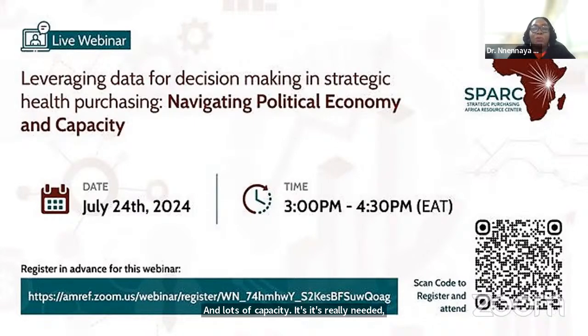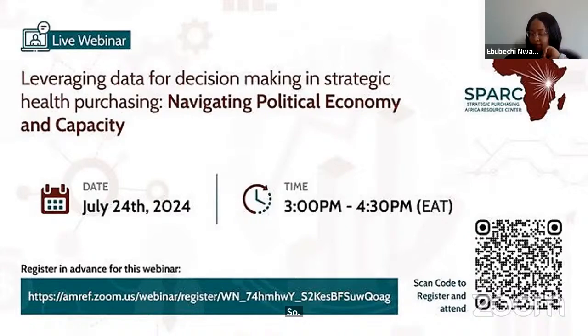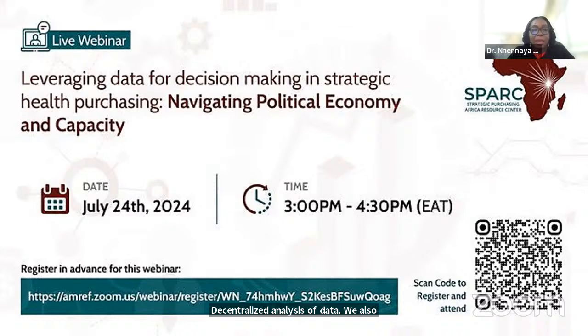And what you often find is that there's no feedback to those levels. All they are told to do is just collect the data in whatever form it is, and then send it up, and decisions are taken, and they don't know what the implication for that data is for them at the facility level or lower level. So if we're going to decentralize analysis of data, we also need to decentralize decision-making authority.